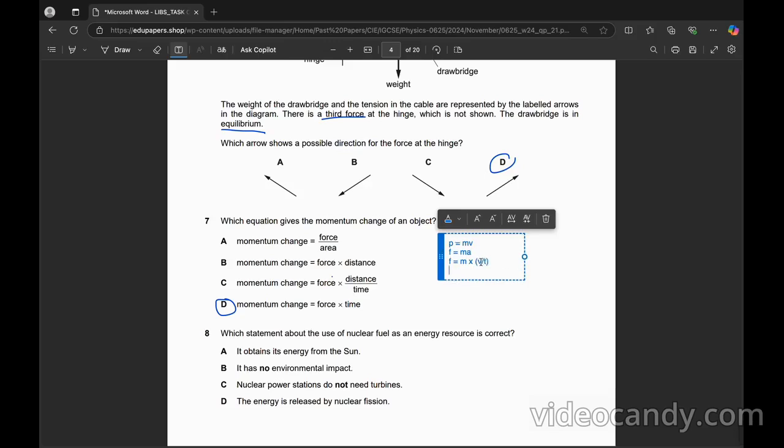So you can replace momentum in here, so that will be force is equal to momentum divided by time, and if you want the change in momentum, you multiply the time with the force. So it is just the same thing.